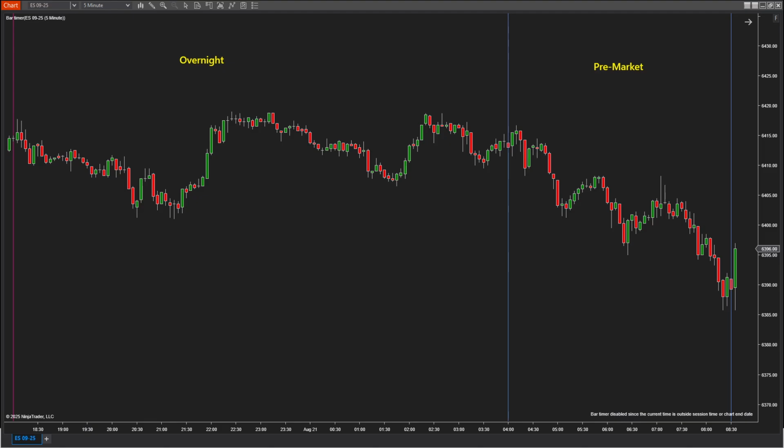I do that every day. That's my core. That's the first thing I do, because each session, in my opinion, based on watching price action hours and hours a day.